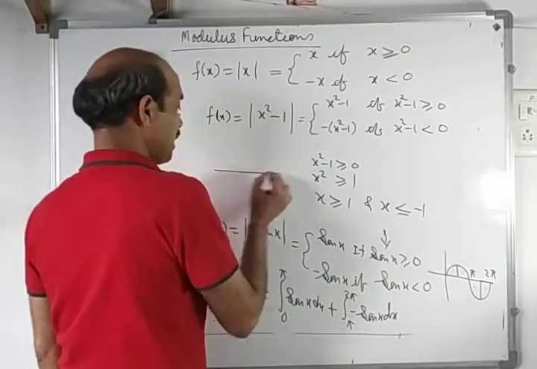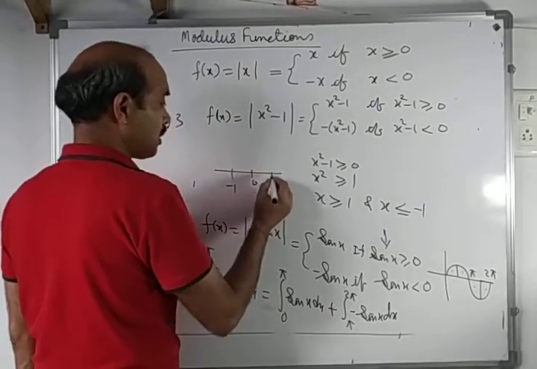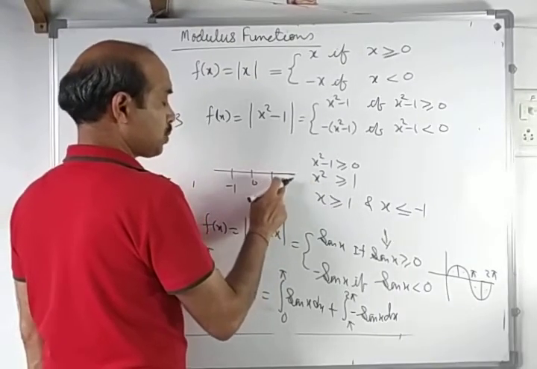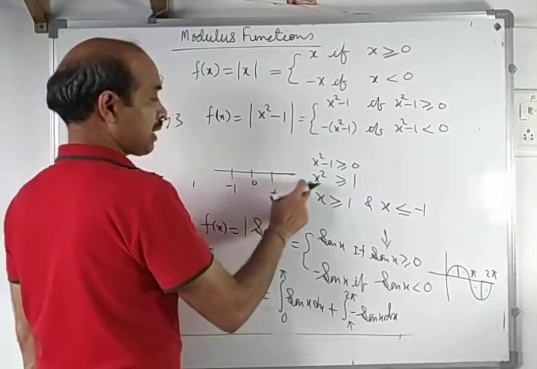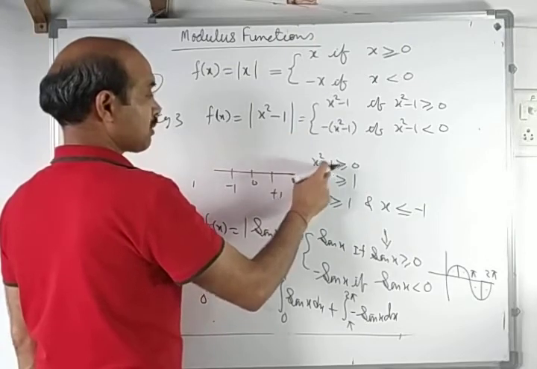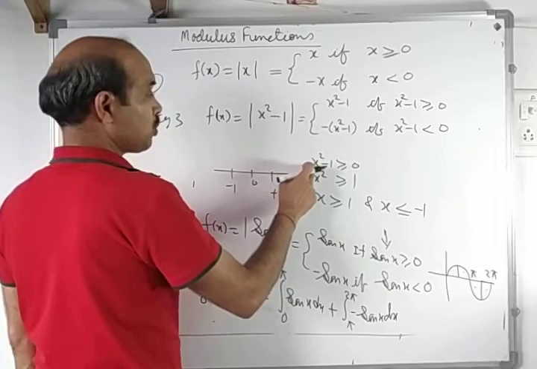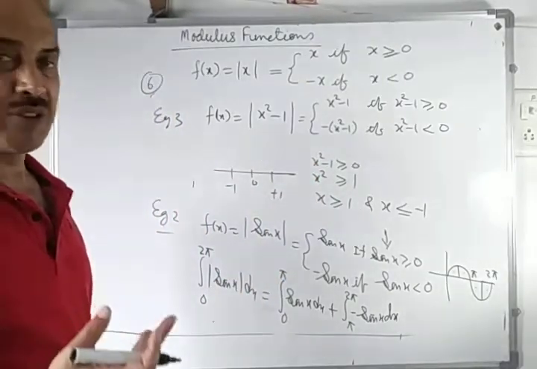It means on the number line, with minus 1, 0, plus 1, the values 1 and more than 1, like 2, 3, 4, 1.1, all these values greater than 1 satisfy this. If you put 1.1, 1.1 square is 1.21, minus 1 is 0.21, which is positive.